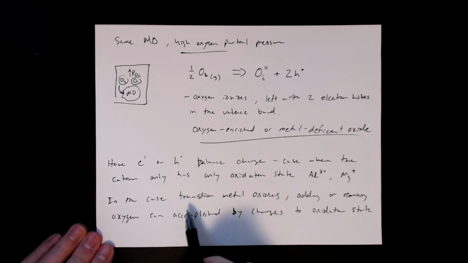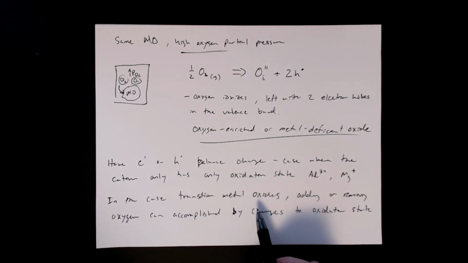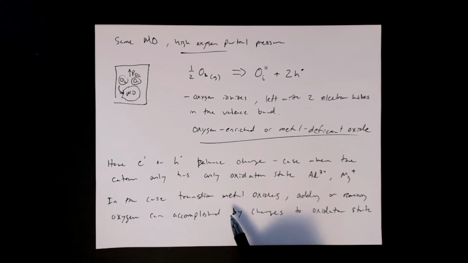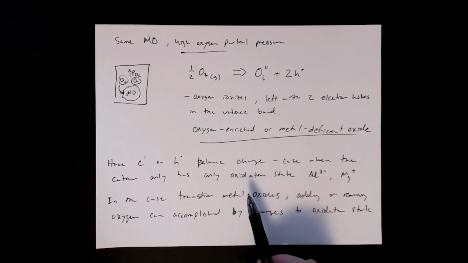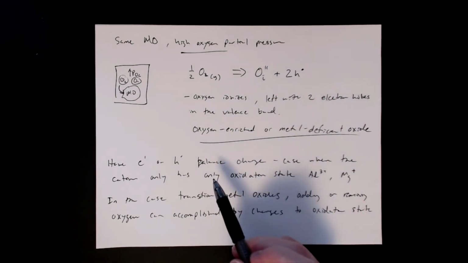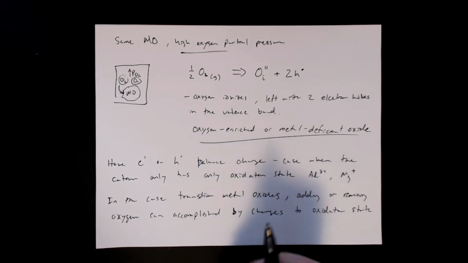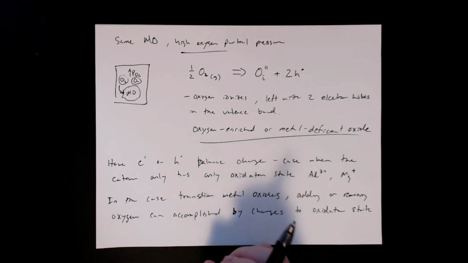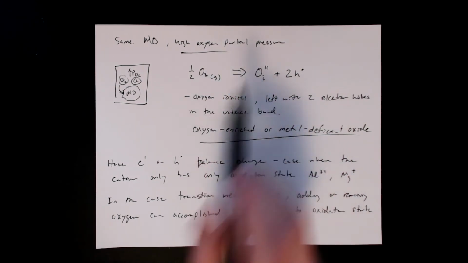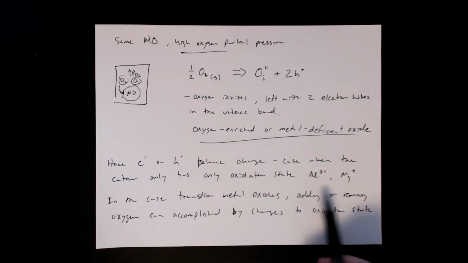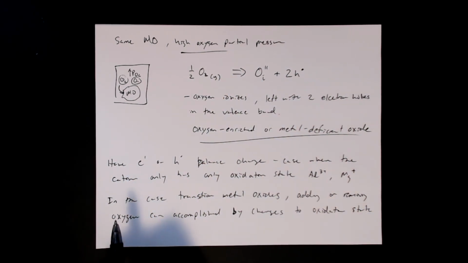So basically, if we have a transition metal, the oxidation state can change, so we can accomplish that change in charge that we saw up here by that type of change in oxidation state instead of electronic defects. So it really depends on the specific material. So these that we just talked about would be something like aluminum or magnesium that don't have multiple oxidation states.